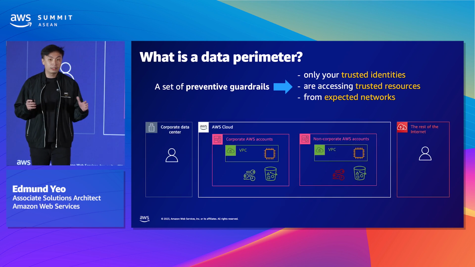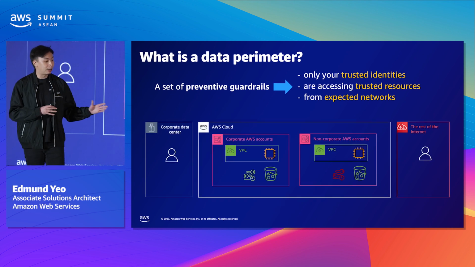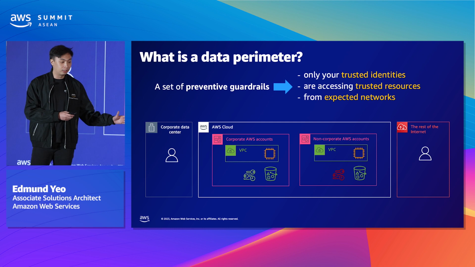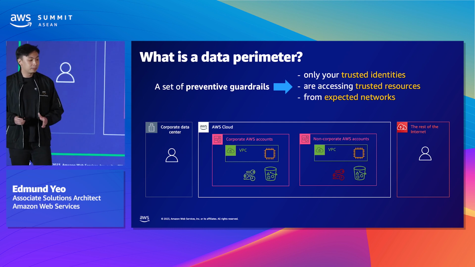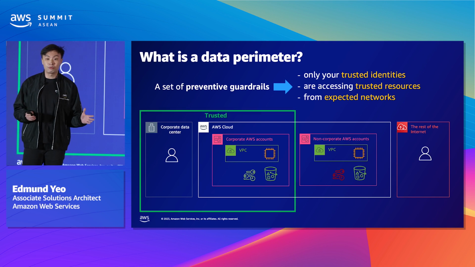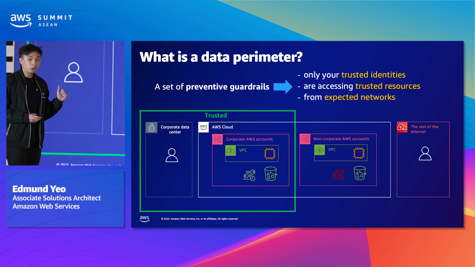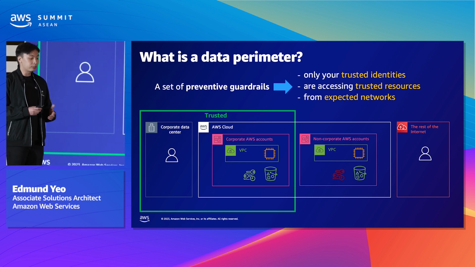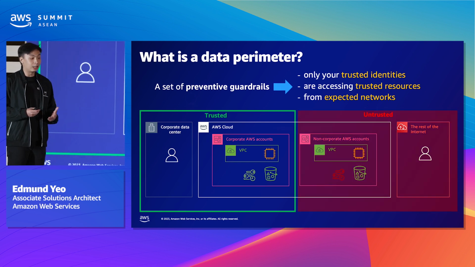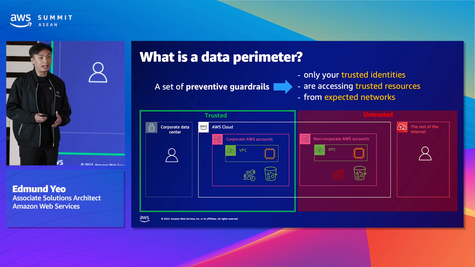Data parameter hence will allow you to establish a boundary around your corporate data center and everything within them, so identities, resources, as well as the networks. So this will form the trusted parameter. Everything else, non-corporate AWS accounts and the rest of the internet, will actually be considered untrusted and shouldn't have access unless you provide the explicit exception to them.